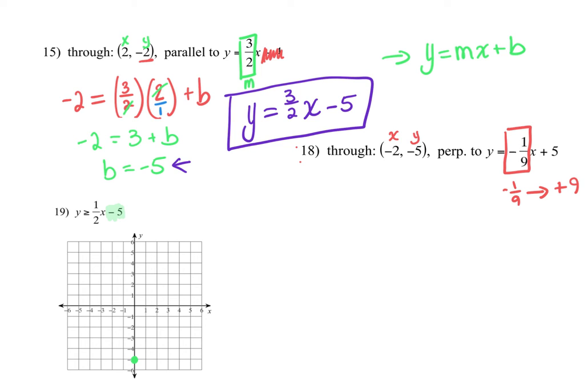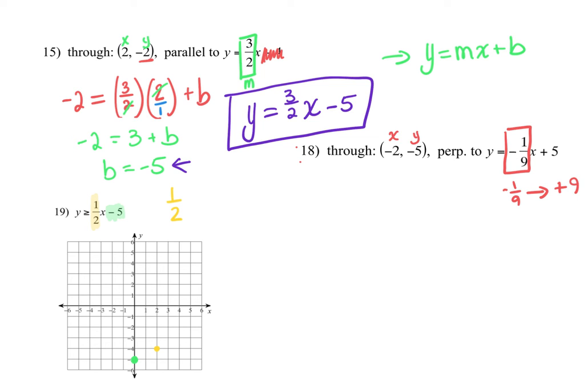My slope is 1 over 2, which means that I'm going to go up 1 and to the right 2. So it's going to put me right here. And so my second point is going to go right here. And then I'm going to connect my dots just like I did before.